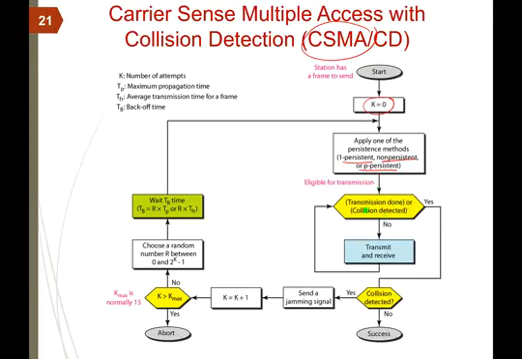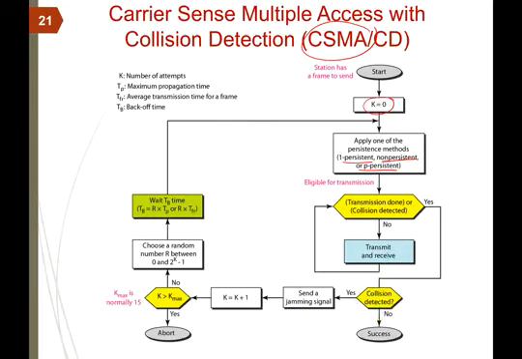So when you send, either the transmission is done, that's the end of what you want to send, or there is a collision. So if the transmission is done, you sent your frame. Now you check if a collision is detected. If there is no collision detected, it means you sent your data properly.